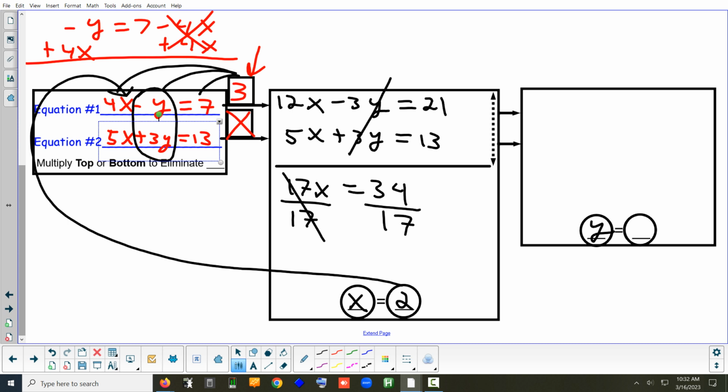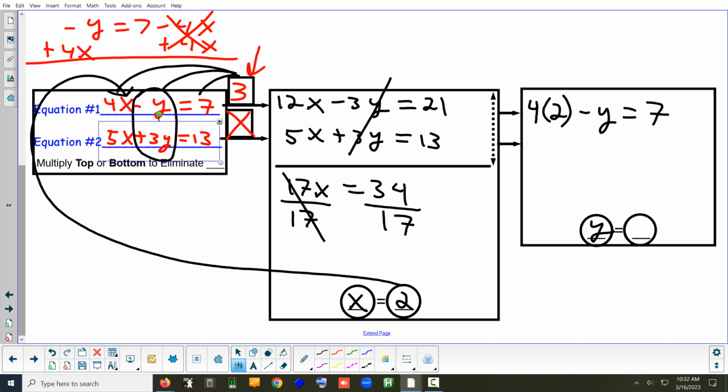When I fill the 2 back in, what is my equation going to look like before I do anything else? It'd be 4 times 2, minus y, equals 7.